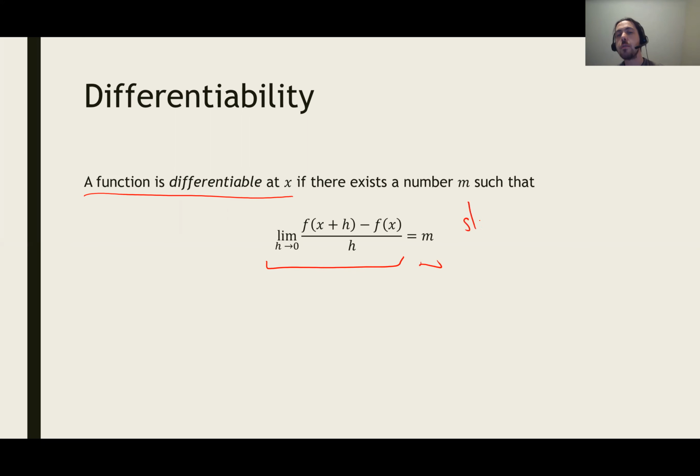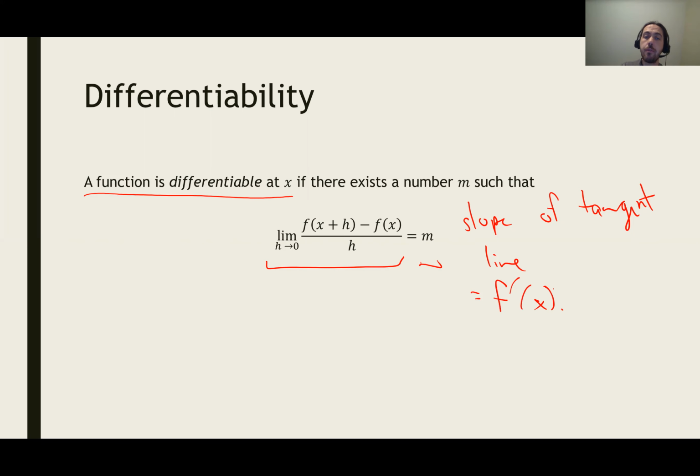So this m is going to be the slope of the tangent line, or the limit of the slopes of the secant lines as we approach this point, x. And that limit is going to be the same thing as f prime of x.